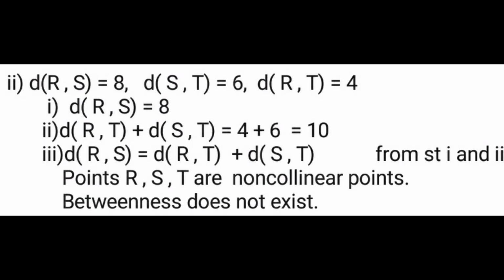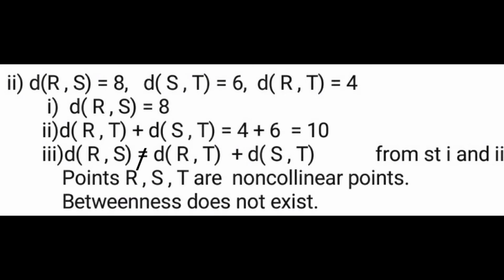Second question, distance RS is given 8, distance ST is given 6, distance RT is 4. First, we'll find out the greatest distance. 8, 6 and 4, 8 is the greatest. Therefore, distance RS is equal to 8. Second statement, the sum of the remaining two distances, that is distance RT plus distance ST. How much is it? 4 plus 6, that is equal to 10.